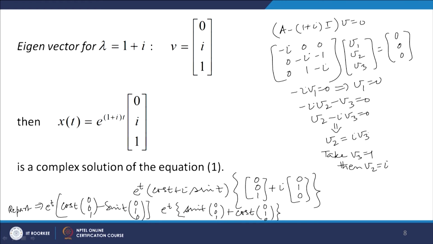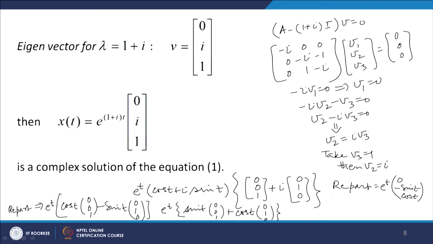So, if you simplify it, then the real part is e to the power t times, you see here we have cos t into 0 minus sin t into 0, so we have 0, then cos t into 0 minus sin t, so we get minus sin t, and then here you have cos t, here we have 0.